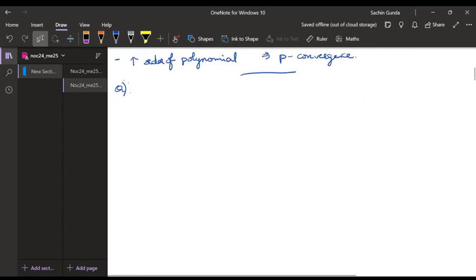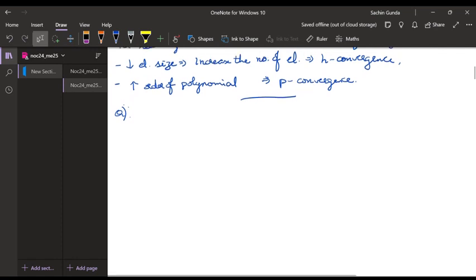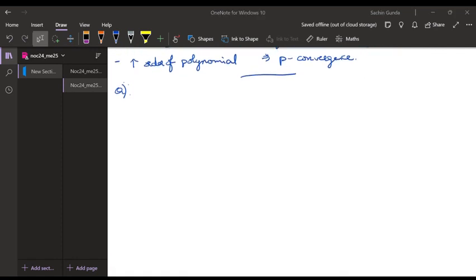I'll just recap the question for your understanding. It was a simple bar problem with a varying cross-sectional area. It is a vertical bar, starting from the top, and the length is 2 meters, and a distributed load of 20 kilonewton per meter is acting on the bar, and the bottom is fixed.